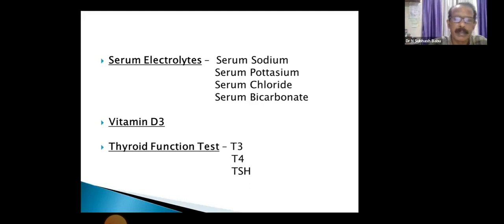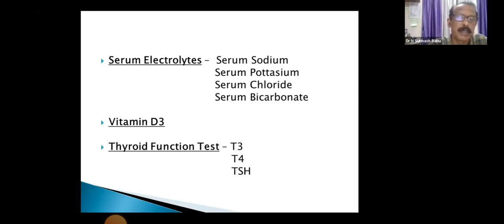Even though we are getting high sunlight, unfortunately we are losing the vitamin D3. So, the sunshine vitamin should be estimated, and ideally it should be more than 40 or 50. But if it is below 20, it is a high insufficiency.